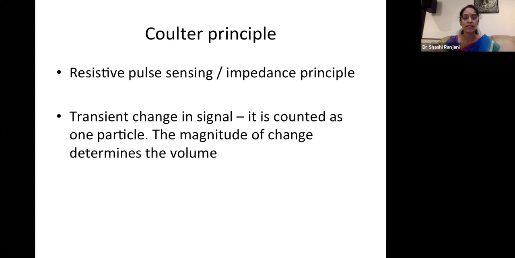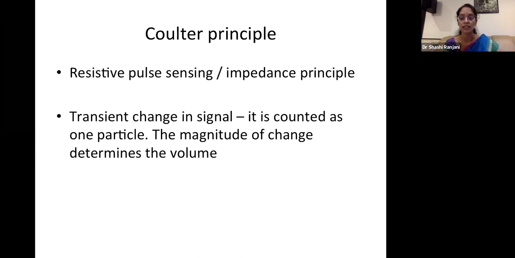The principle is resistive pulse sensing, or the impedance principle, which means when a cell passes through a zone of electric activity, it causes a change, and this change is sensed by the sensor and interpreted as one cell. And the magnitude of change determines the volume or the size of the cell.